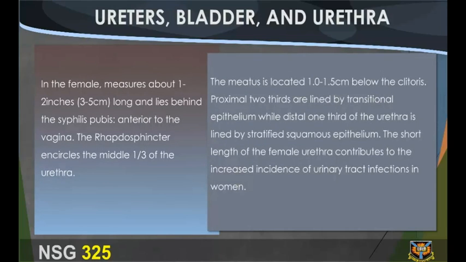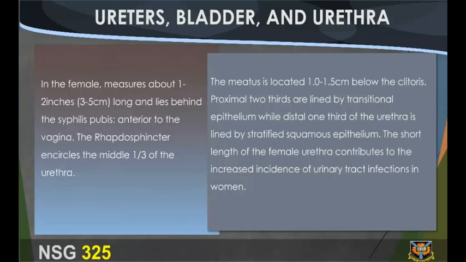The female urethra measures about 1 to 2 inches long and lies behind the symphysis pubis, anterior to the vagina. The rhabdosphincter encircles the middle third of the urethra. The meatus is located 1.0 to 1.5 cm below the clitoris.